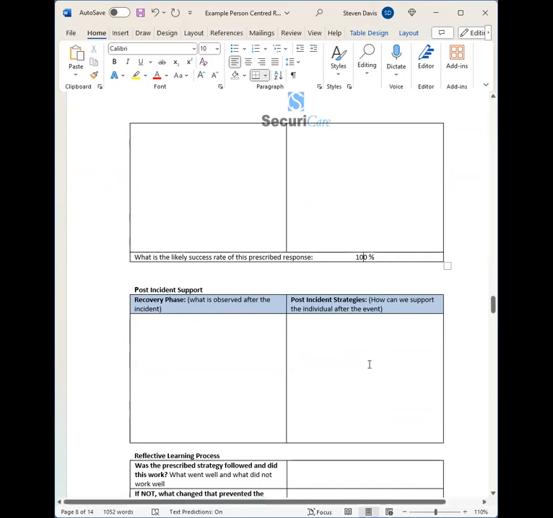But ultimately, what we need to do post-incident and in the recovery phase is understand what that looks like. So when they're angry, do they have big eyes? Do the eyes return back to normal? These are the signs of the adrenaline and neuroadrenaline. I remember working with a gentleman who used to pace, and the faster he paced, the more angry he was.